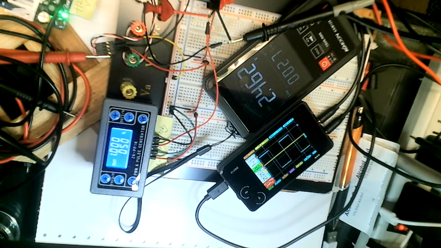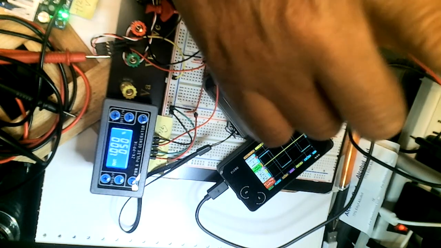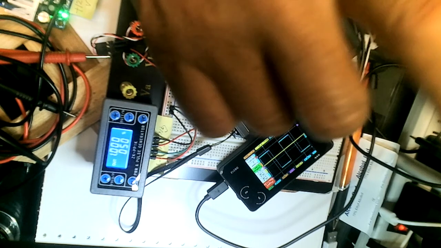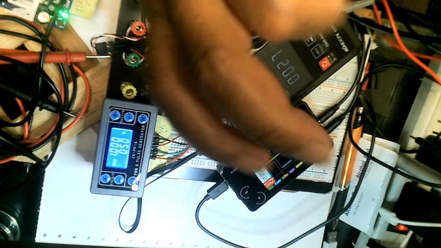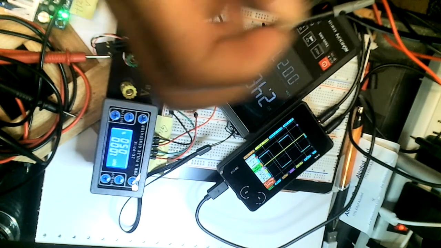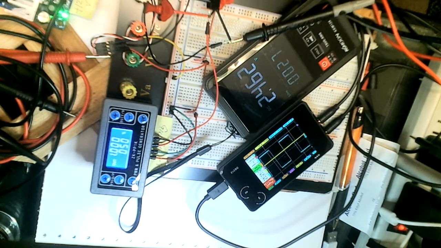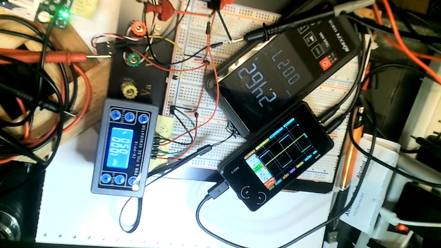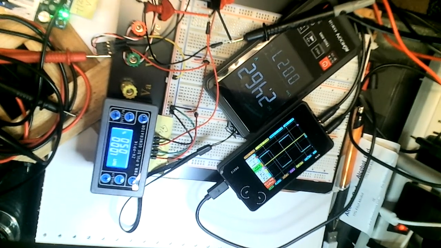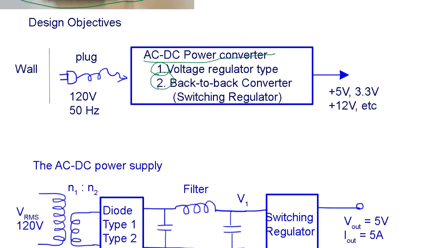So the voltage regulator type needs a big heat sink. All the wasted power becomes heat. But with a back-to-back converter, no heat is generated.